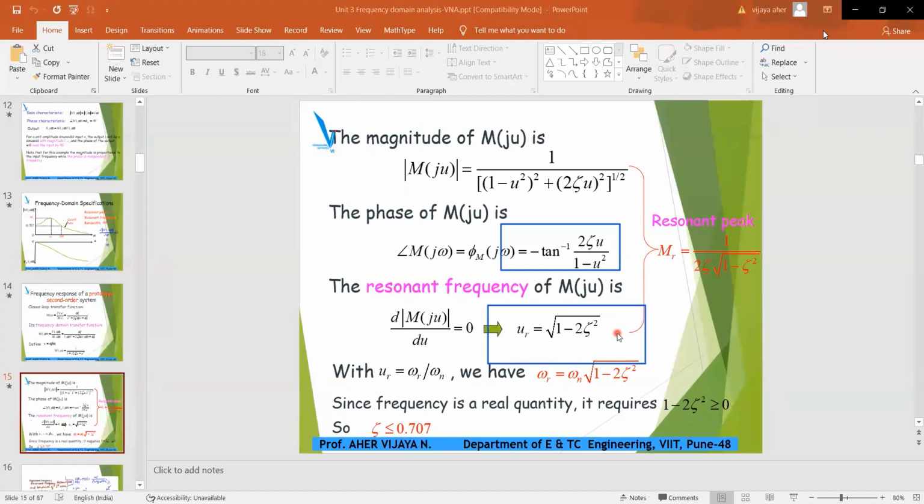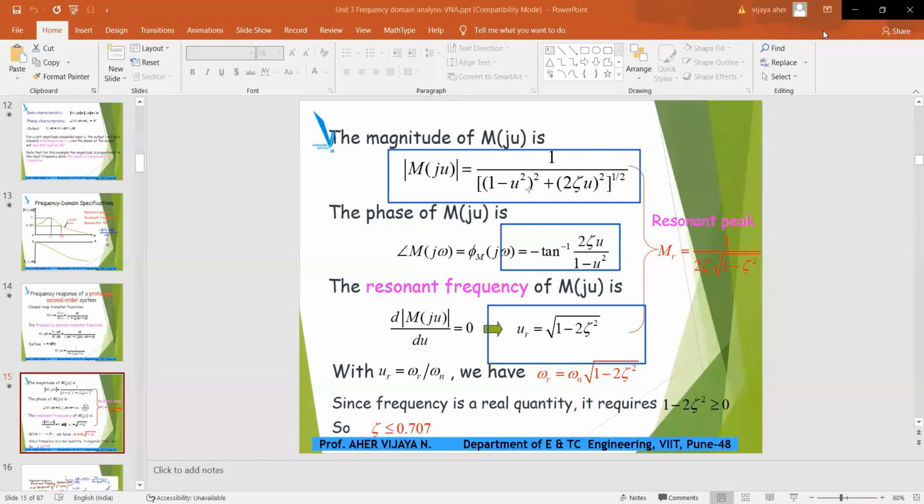So what is the phase equation? This is the equation for magnitude. Students, you are supposed to write this. Magnitude of mju is equal to mod of this: 1 divided by under root of this term square plus second term square.